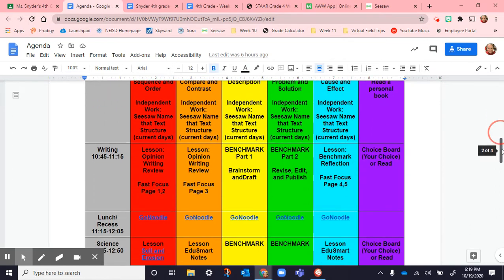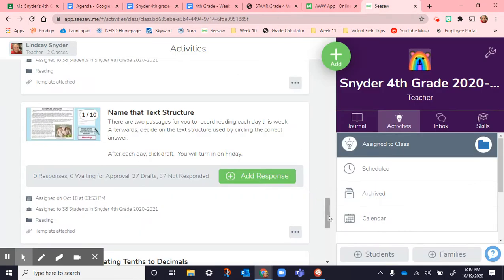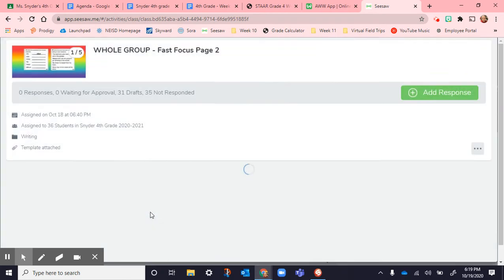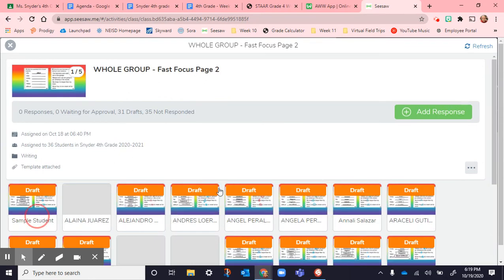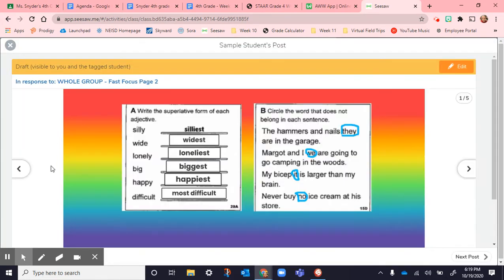All right, in writing today, we started off with fast focus. So let me pull up that. In fast focus, we talked about the superlative form.